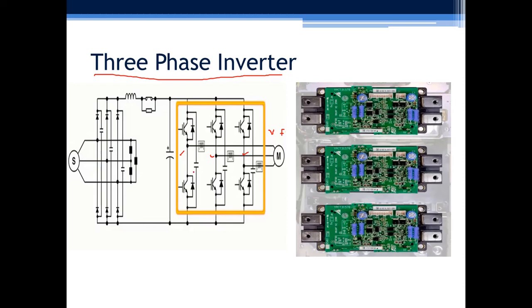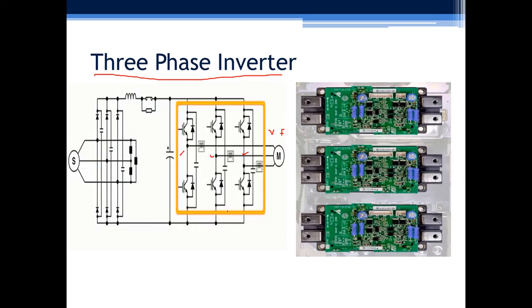Each leg is mounted with two IGBTs. For the three legs, we have three sets, and each set has two IGBTs implemented inside it. All these IGBTs are switched on at a very high carrier frequency, normally 500 Hz to 1 kHz. Even more than that is also possible.